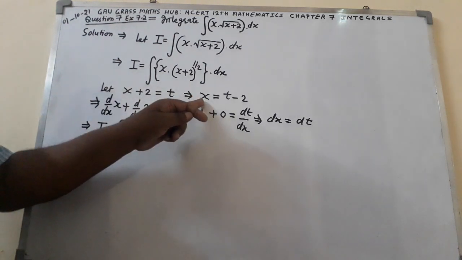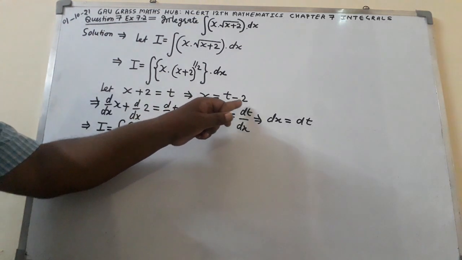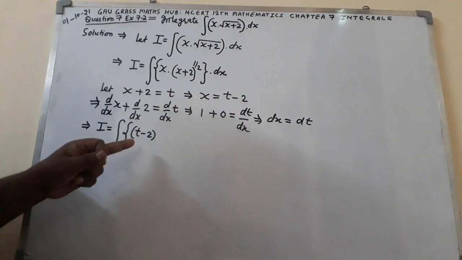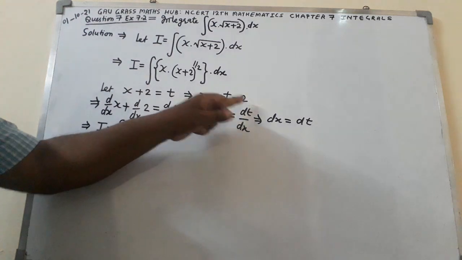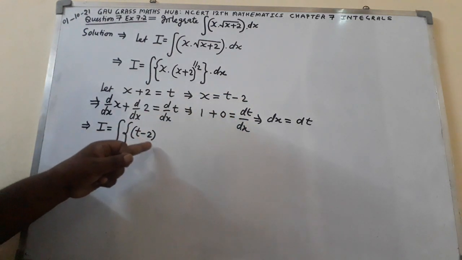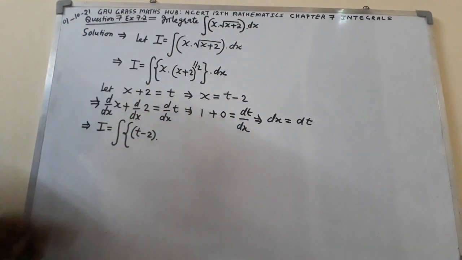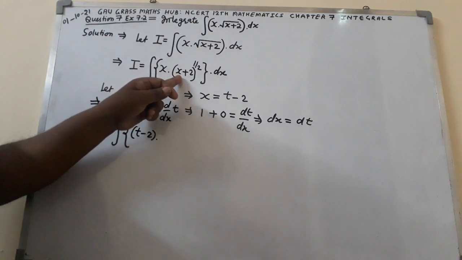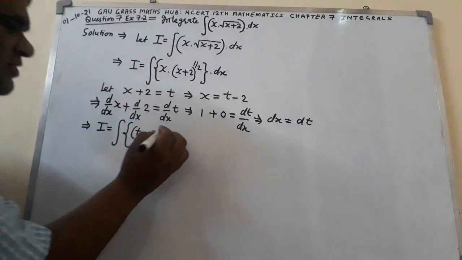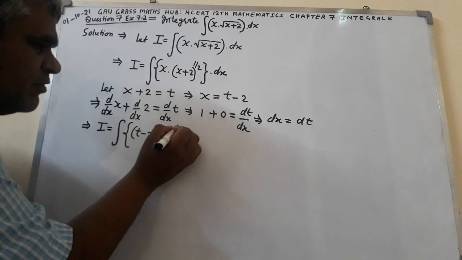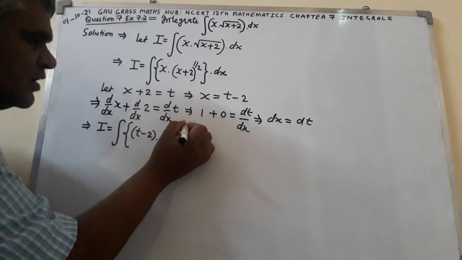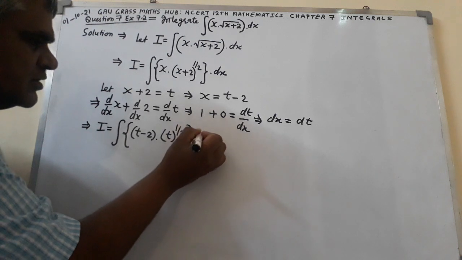From this place I have taken x equal to t minus 2. So in place of x I shall write t minus 2, dot. In place of x plus 2 I shall write t. So here I write t raised to the power 1 over 2, curly bracket close, dot dt.